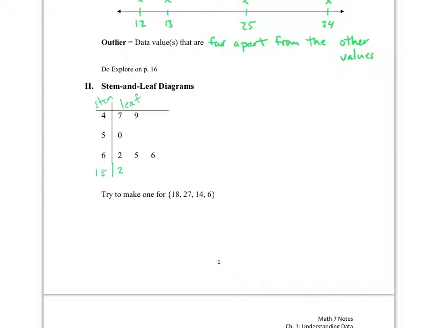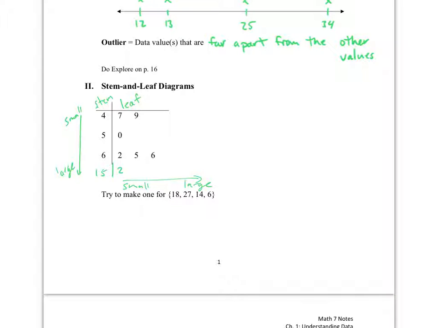Typically, these numbers go from small to large, so your smallest number is going to be at the top, your 40s in this case.